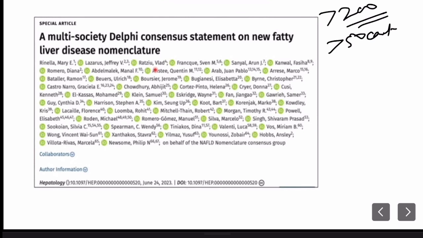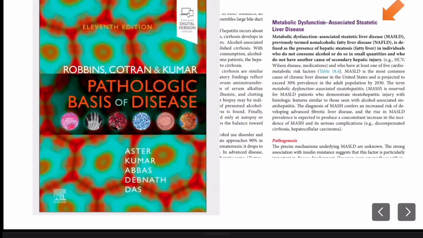So there was a need to make these names more clear, and because of this, this nomenclature was introduced, and now it is widely accepted all over the world, and it has even been included in our Bible of Pathology, that is Robbins. It mentions these new terms in the chapter of liver pathology.